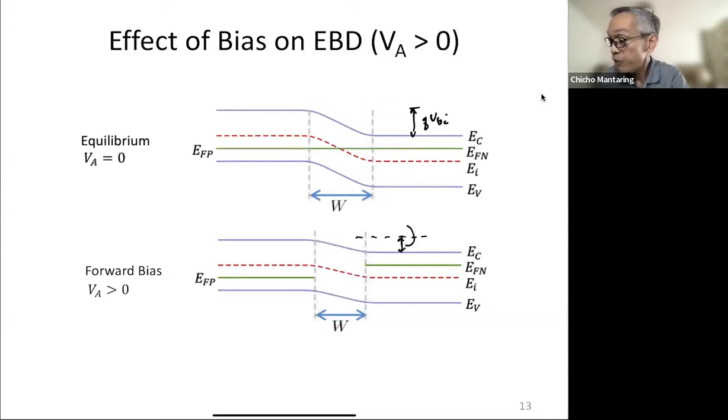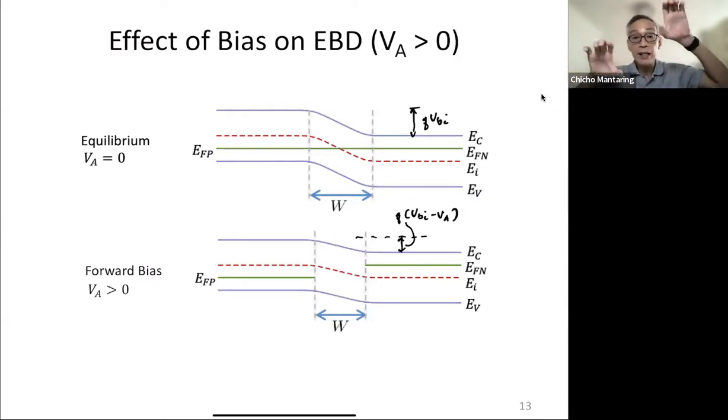The value of this now is going to be Q VBI minus VA. In other words, our band bending will become smaller.